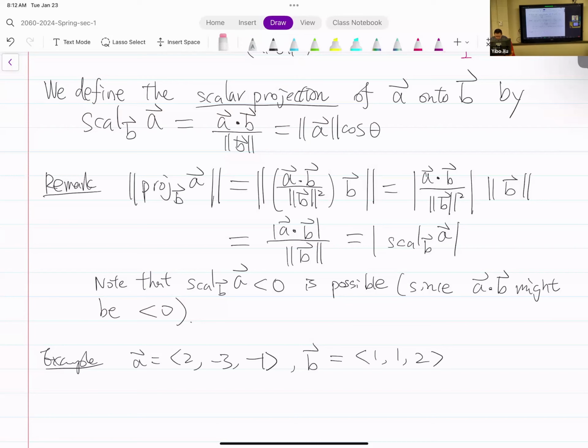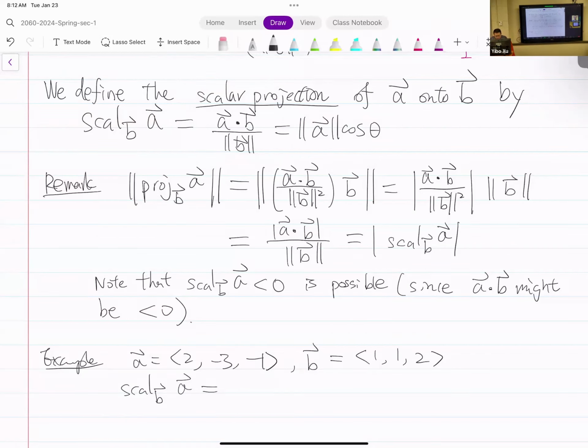In particular, we calculate the scalar projection of A onto the direction of B. We can just apply the formula. In this situation we just use the first one, because we have A and B explicitly defined in terms of components. So we don't have to calculate the angle, we just need to utilize the dot product.